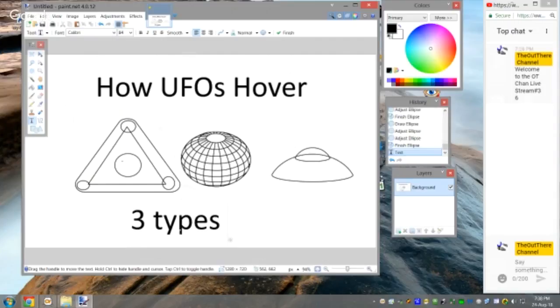Well, I call them base types. Base types, 3 base types.